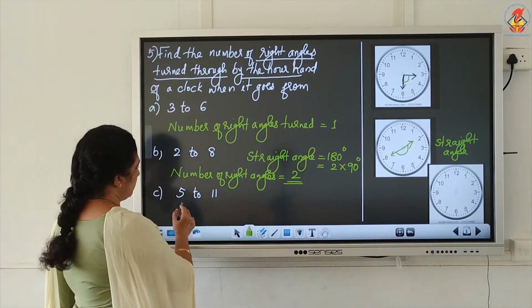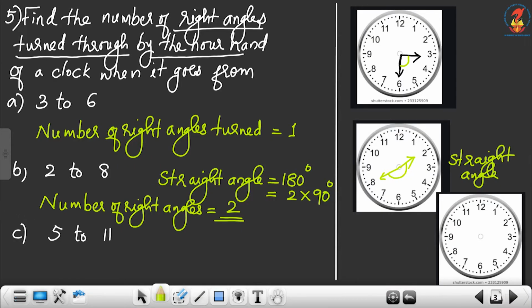Then next question, 5 to 11. You have to draw the clock face and mark the movement of the hour hand. It starts at 5 and reaches 11. So it goes in the clockwise direction and reaches 11. Here also, what is the angle turned?